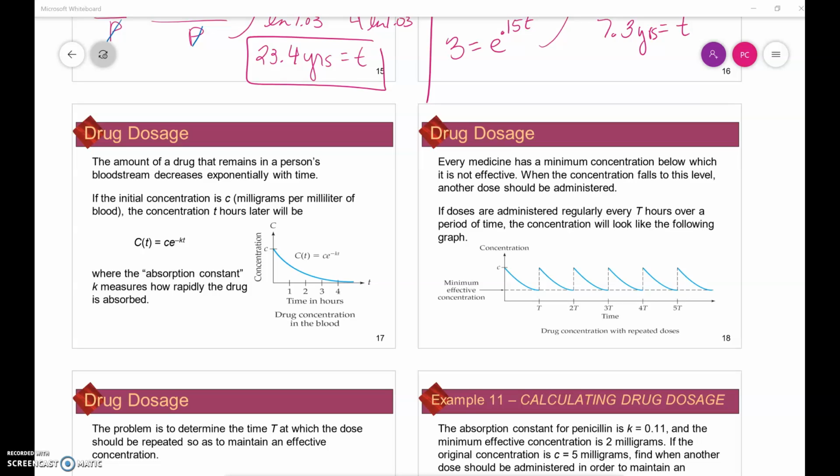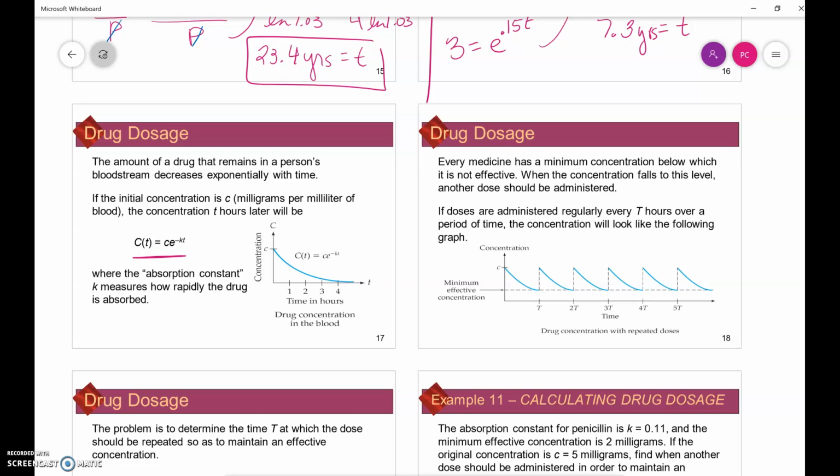If the initial concentration is C, in milligrams per milliliter of blood, the concentration t hours later will be this formula: C of t equals C times e to the negative kt, where the absorption constant, or k, measures how rapidly the drug is absorbed into the body. Every medicine has a minimum concentration below which it's not effective. If the concentration falls to this level, another dose should be administered.